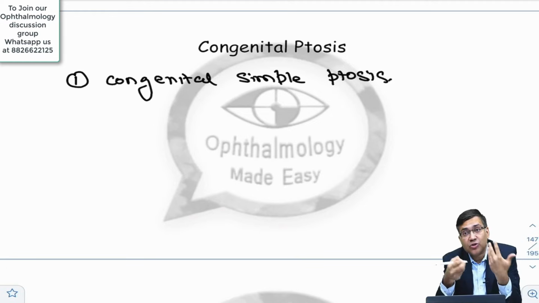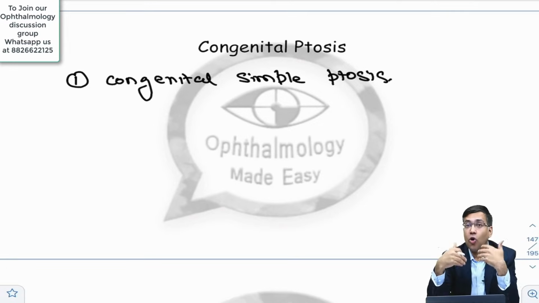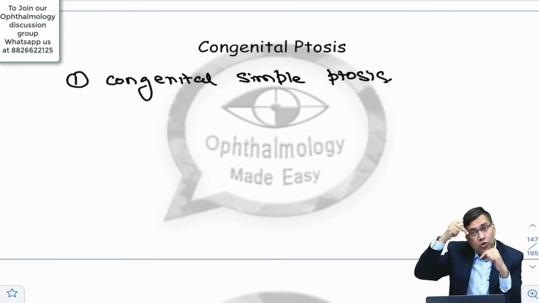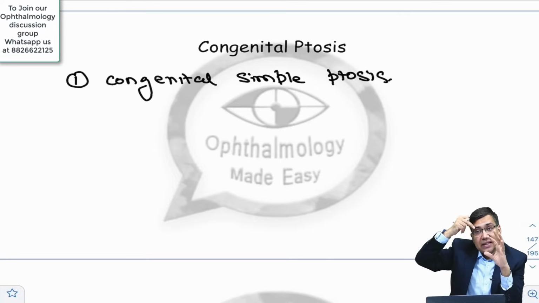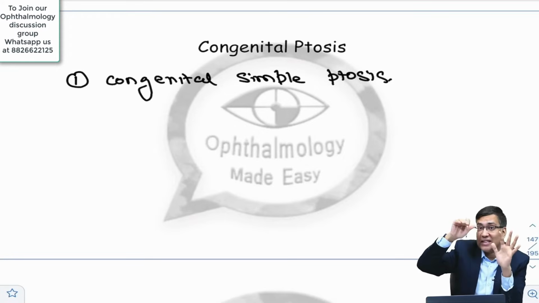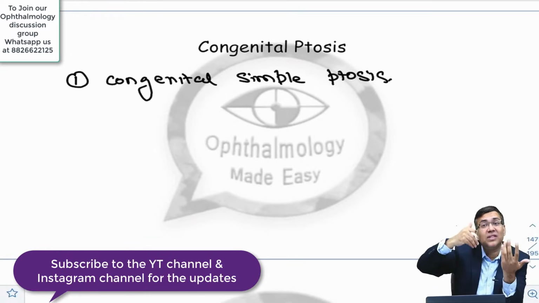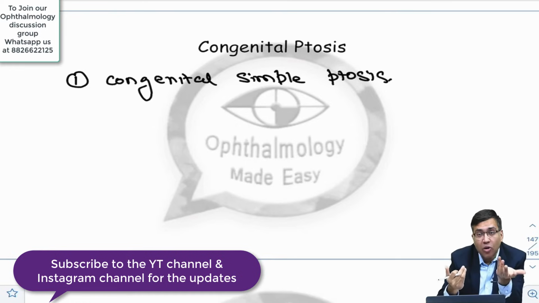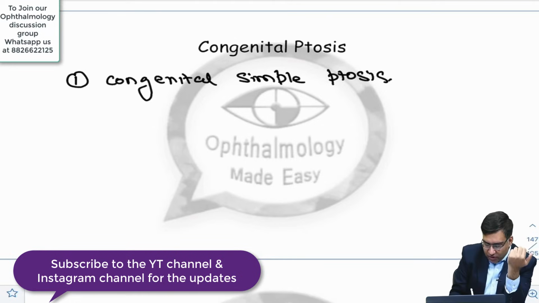Sometimes it can be associated with various other oculomotor abnormalities. As you know, the LPS and the superior rectus are the muscles which are supplied by the third nerve. So sometimes there is a third nerve palsy, sometimes there is a superior rectus abnormality that can lead to ptosis.